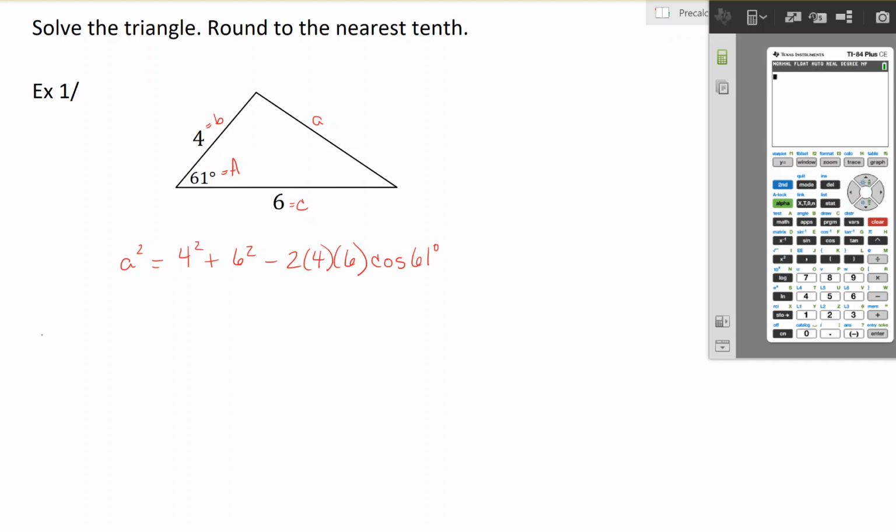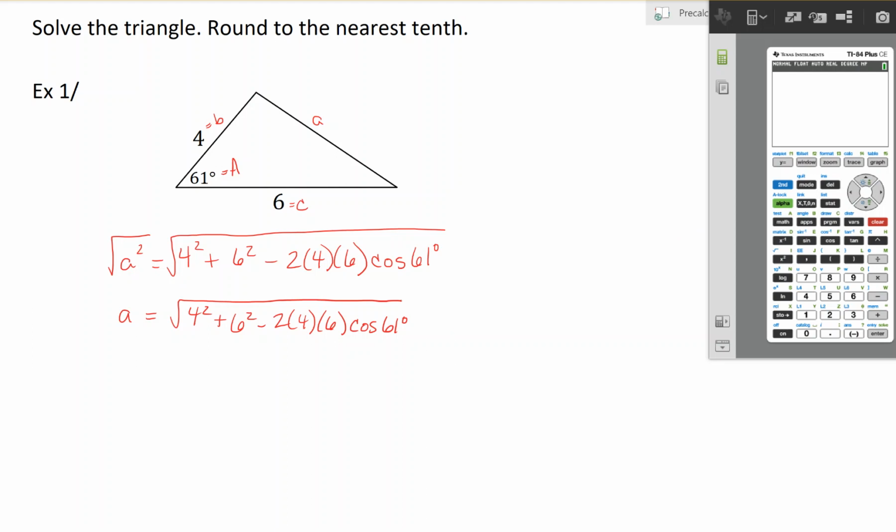So this way we can solve for A just by taking the square root. We don't have to worry about the plus minus. We're not going to use any negative lengths here. So the square root of 4 squared plus 6 squared minus 2 times 4 times 6 times the cosine of 61 degrees. We'll go ahead and put that into our calculator.